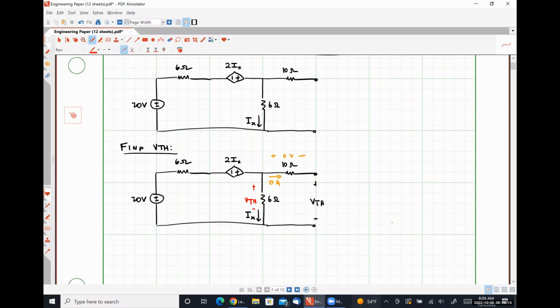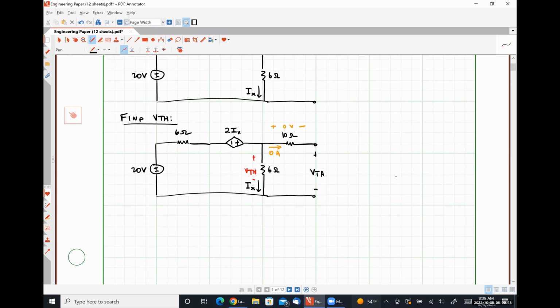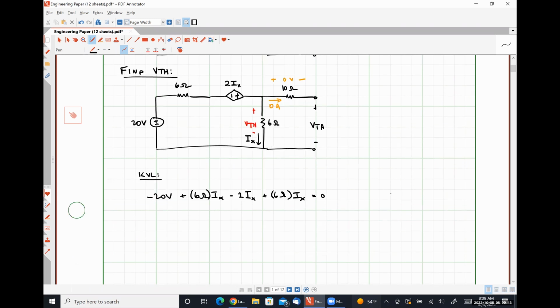So if we write a KVL equation around this loop, we would have negative 20 volts plus 6 ohms times Ix minus 2 Ix plus 6 ohms times Ix is equal to 0.